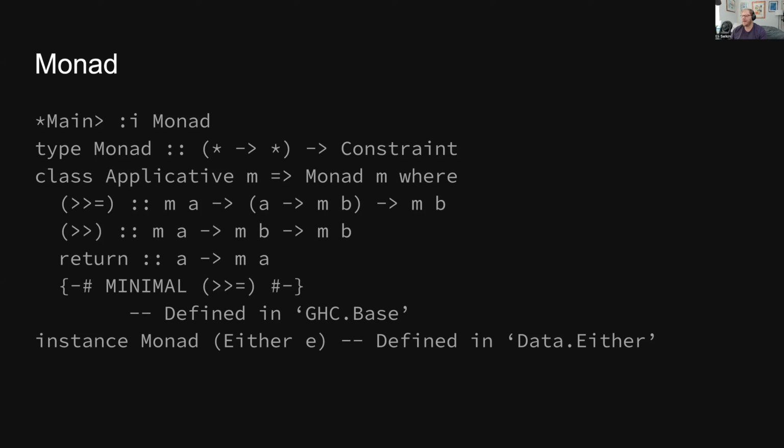One of the things that was an instance of monad was Maybe, another was Either, or Either String or Either something. If you look at the information about monad, you'll see all of the monadic instances that have been defined in the base library of GHC.